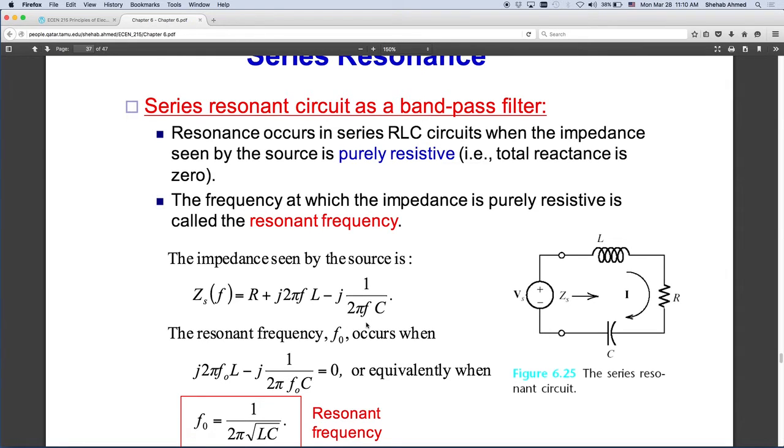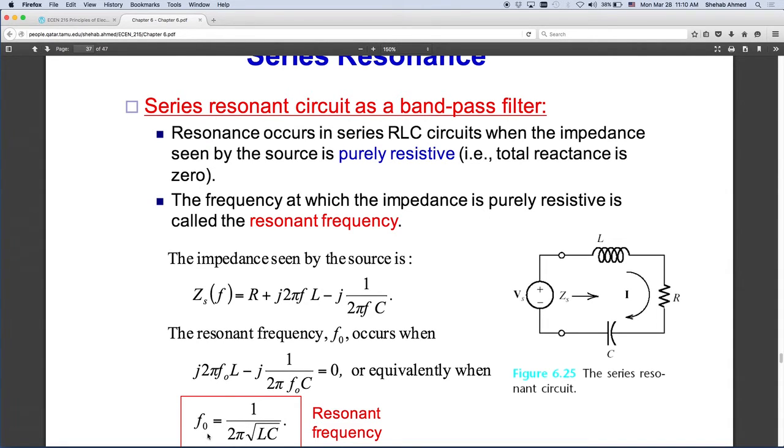At the resonance frequency, what happens is that j 2 pi f L minus j 1 over 2 pi f C becomes 0. So these two terms become 0, and at this resonant frequency, I can solve for f naught in this equation.